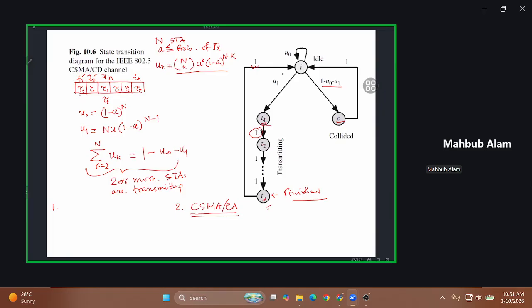Okay, let me make it further clear. In case of CSMA/CA, we cannot detect a collision. If a station starts the transmission, then it continues. And I guess I explained in the last class what happens.